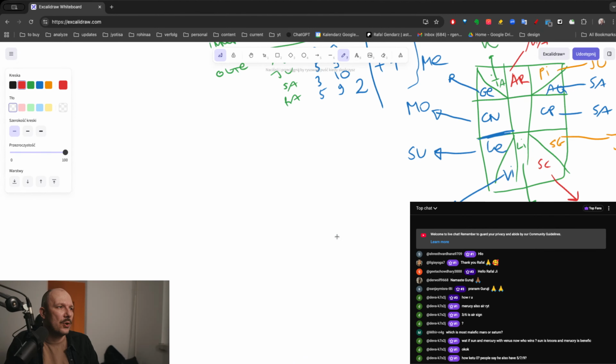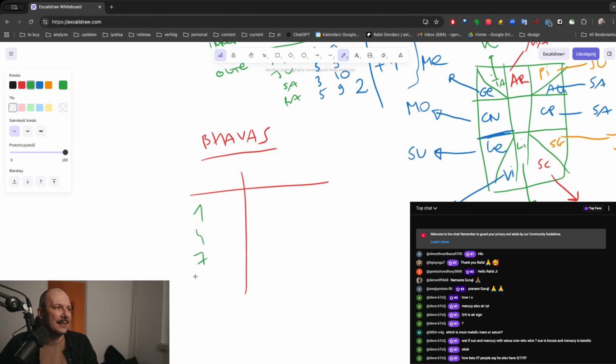So now if we talk about the houses, which in Sanskrit we call bhavas, then basically we can say that they are divided into good, which is 1st, 4th, 7th, and 10th, and bad, which is 6, 8, and 12.